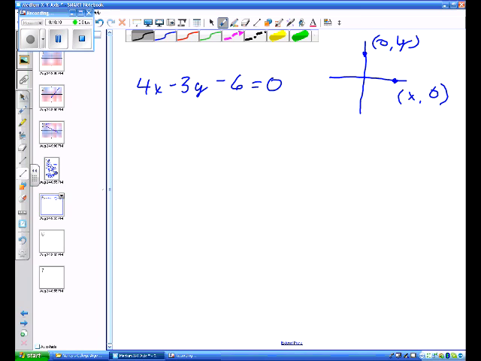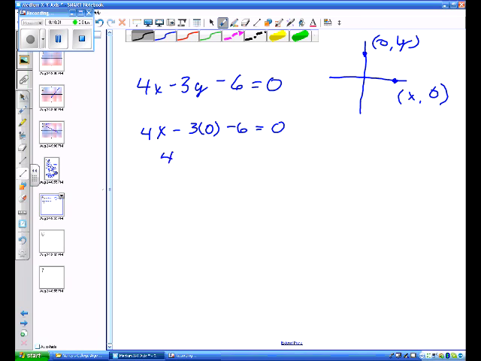So if you have an equation and you want to know where the x-intercept and the y-intercept are, that's the easiest way. To know where the x-intercept is, we're going to take our equation and wherever there's a y, we're going to substitute in 0. We're wanting to know what x is when y is 0.